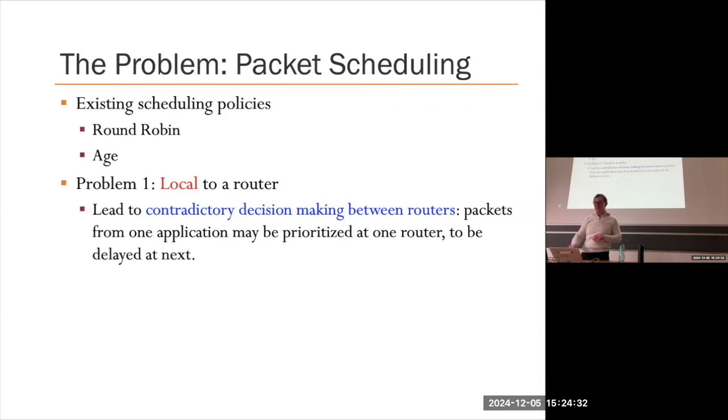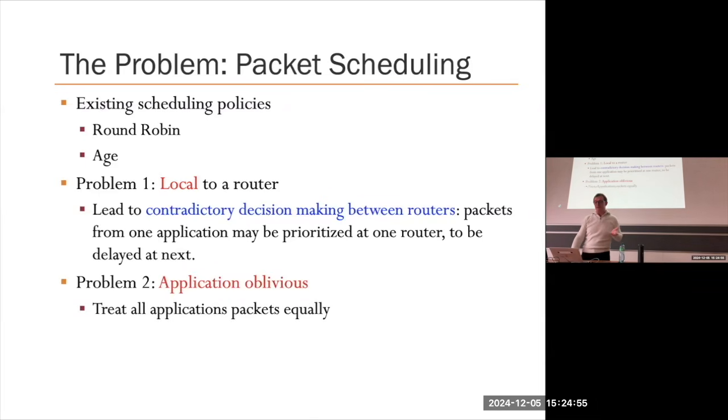And these routers may actually make contradictory decisions. So packets from one application may be prioritized by one router, only to be delayed at the next. And if all routers are uncoordinated, which is the case in many systems, you could actually be making a lot of suboptimal decisions. And these decisions actually become worse as the network size scales. So that was one of the things that we wanted to solve.